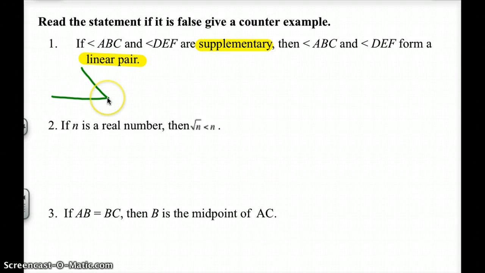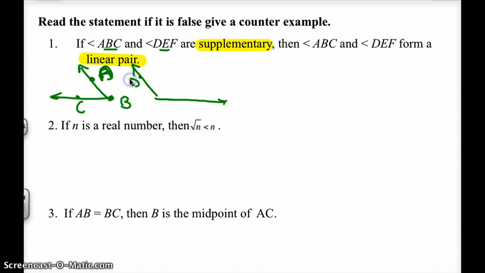Okay, so then I'm going to draw a picture. A picture is a great counterexample. A, B, C, and then, well, they're not even going to be connected, forming a line. They have two different vertexes.